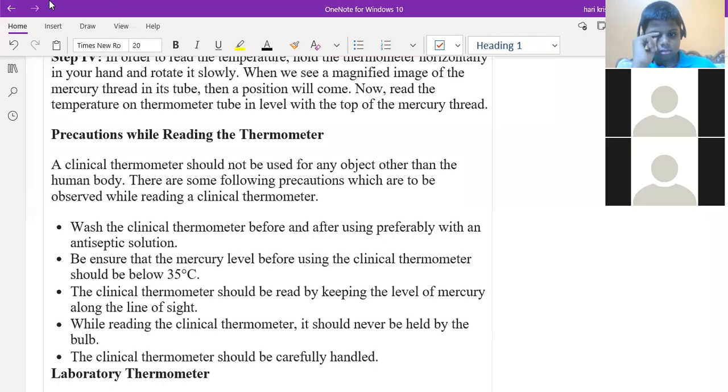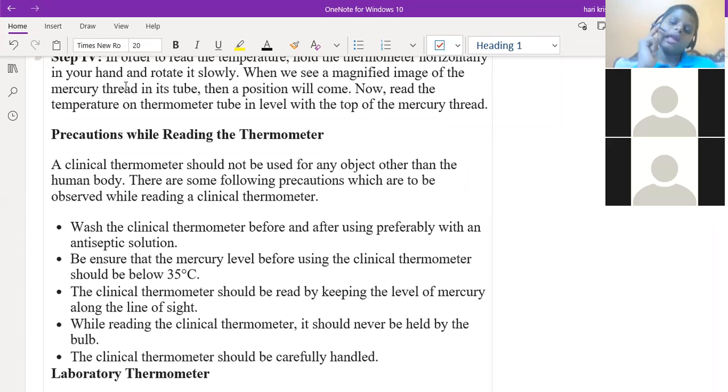There are some precautions to be observed while reading a clinical thermometer. Wash the clinical thermometer before and after using, preferably with an antiseptic lotion. Ensure that the mercury level before using the clinical thermometer is below 35 degrees Celsius.